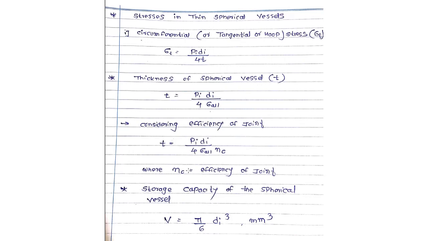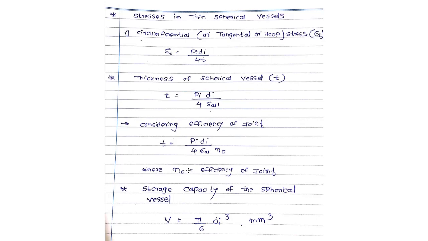Again, here Pi is the internal pressure in Newton per mm square, Di is the internal diameter, and t is the thickness. After that, the thickness of a spherical vessel, denoted by t, can be found out by using Pi into Di divided by 4 times sigma all.